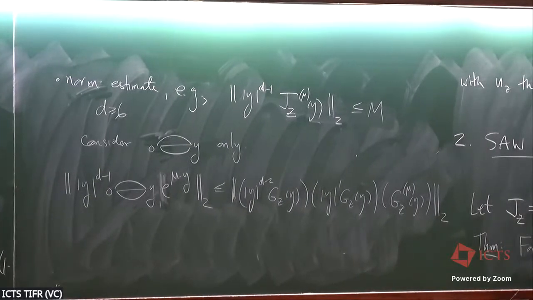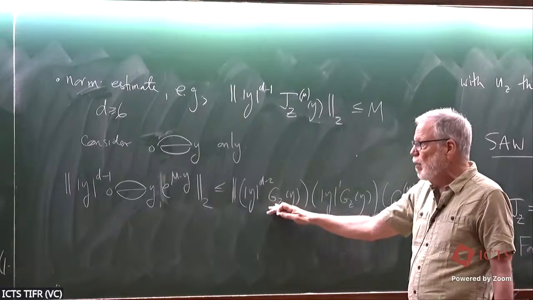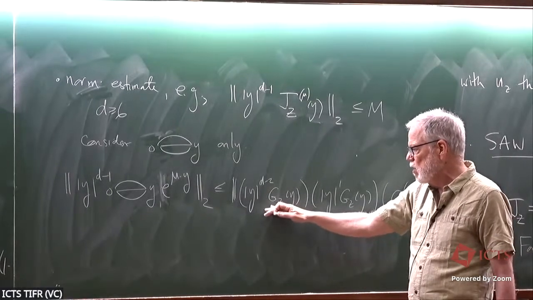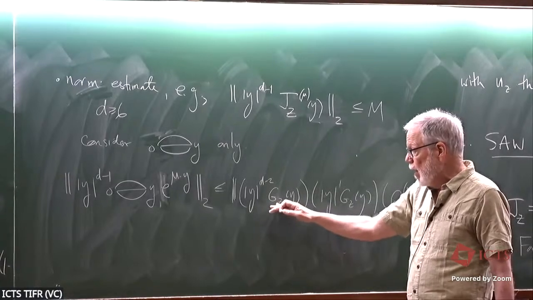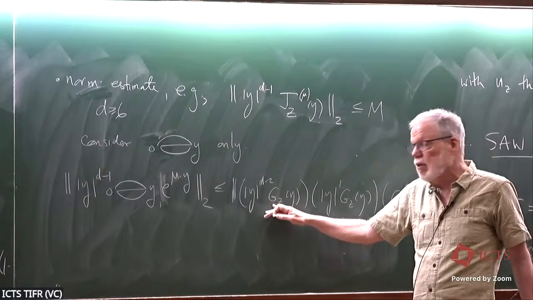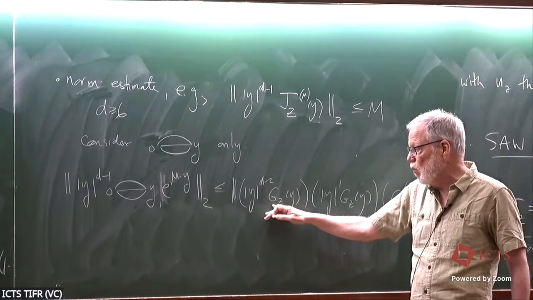So that's the L2 norm that I want to take, but it's actually very easy to do this now, because we know that all the way up to the critical point, this, which is the biggest that this G can be, is bounded above by a multiple of 1 over y to the d minus 2, thanks to Takashi Hara's 2008 work.